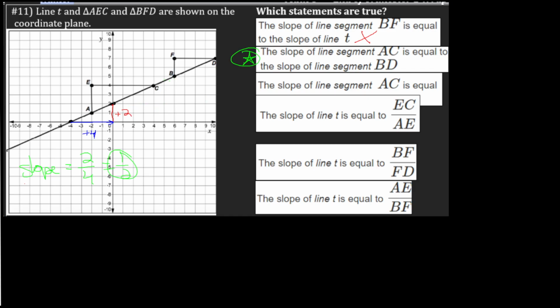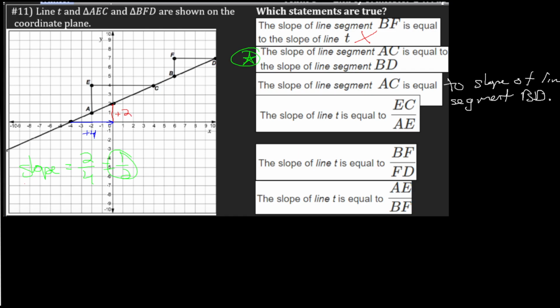So that should be moved down a little bit more. I think it's covering up. So it should say is equal, let me write it to the side here. Make sure you can write this for yourself. It should say is equal to the slope of line segment, let's say BD.